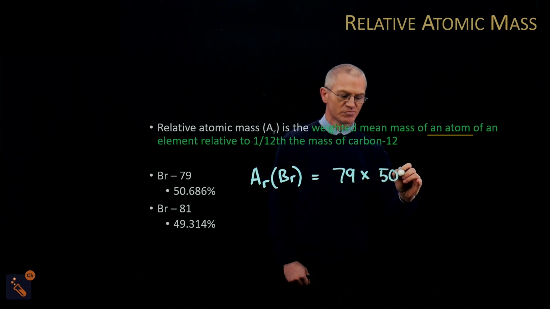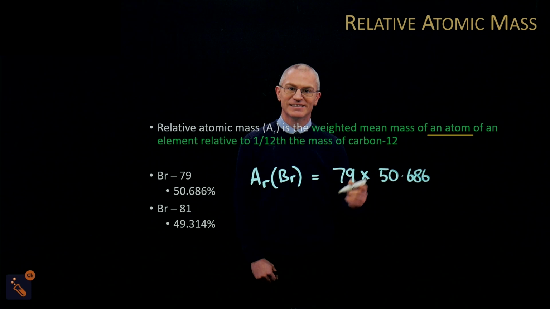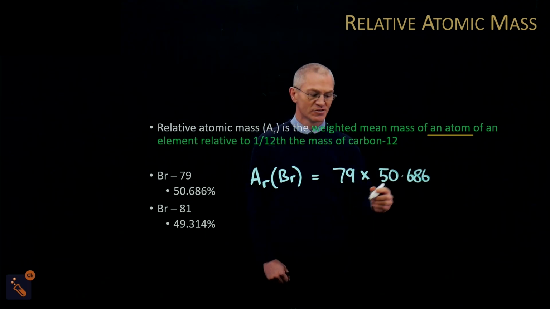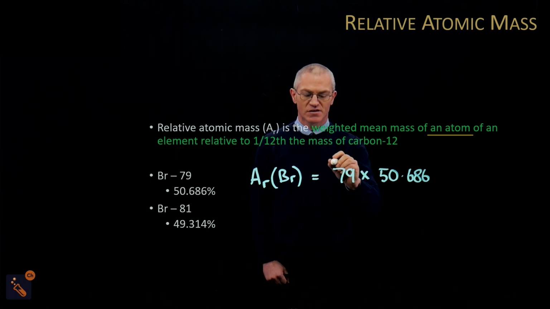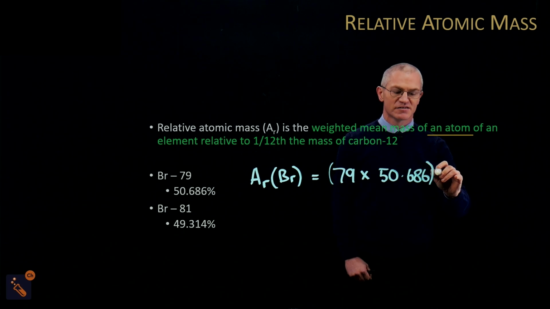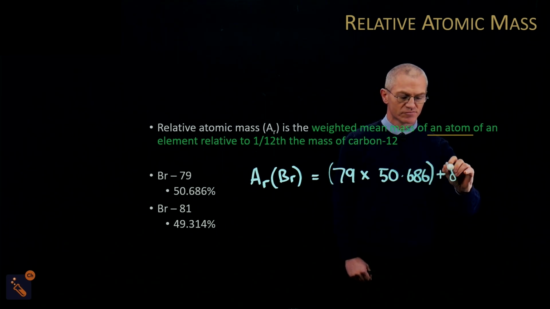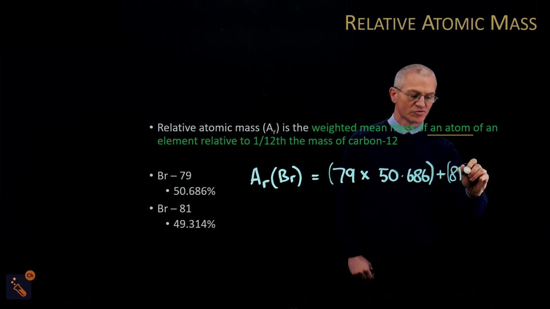So there's 100 atoms, but 50.686% of those, or 50.686 atoms, are 79. And then what we do is we add that to 81 times 49.314.